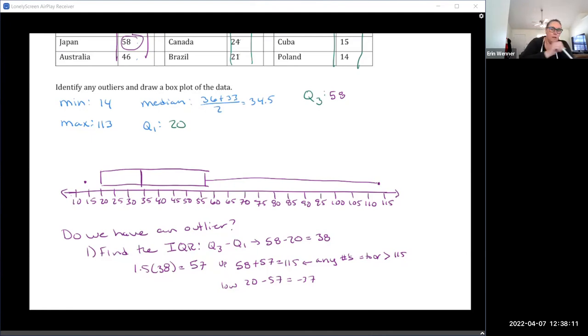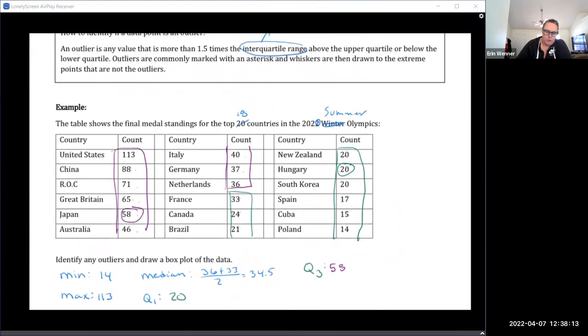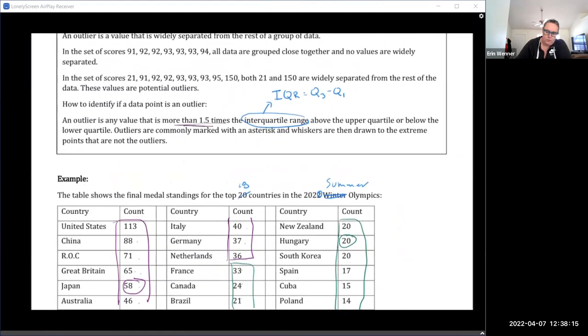And so you'll find that in this text box right up here. There's that 1.5. So an outlier, again, is any value that's more than 1.5 times the IQR above the upper quartile or below the lower quartile.